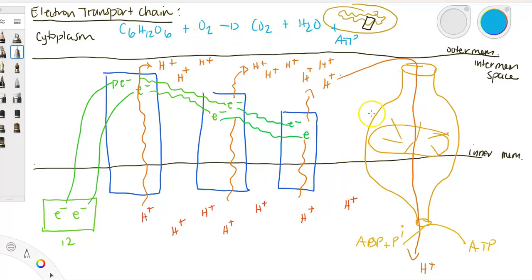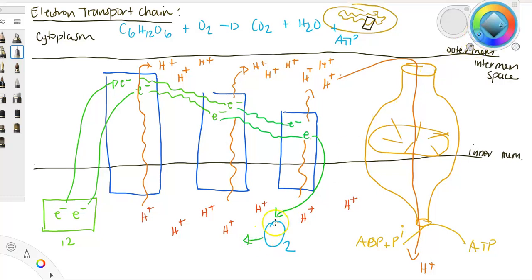So we've got oxygen down here. We've got oxygen here. And these electrons hop on oxygen. And when they do that, we get water.